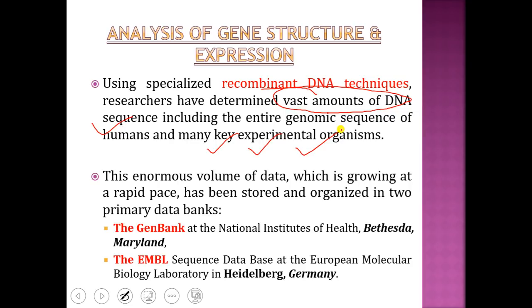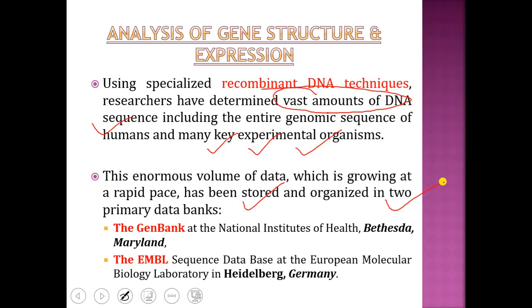And this enormous data, a very big data of these DNA sequences, is stored in two primary data banks. One is the GenBank, at the National Institutes of Health, Bethesda, Maryland.